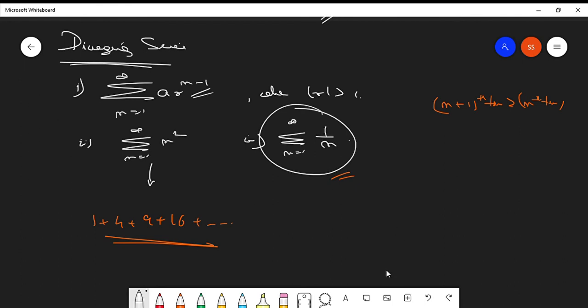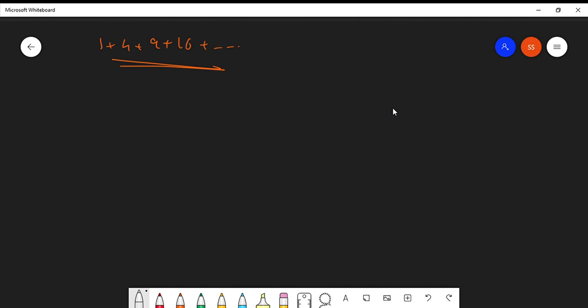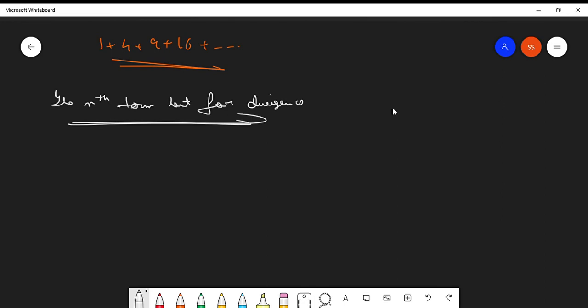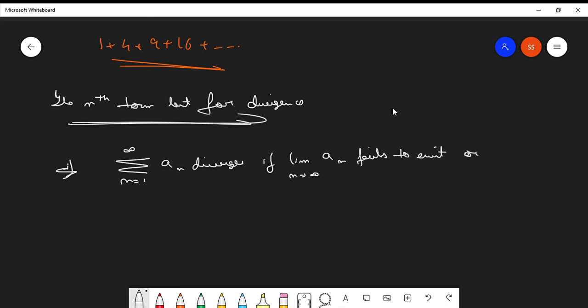Okay. There is a very important test of divergence, which is called the nth term test for divergence. This is a very fine test. Let's see. It says that the summation n equals 1 to infinity of an diverges if the limit as n tends to infinity of an fails to exist or is different from 0.